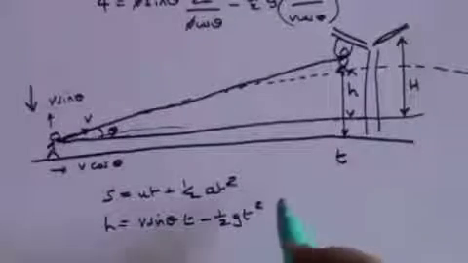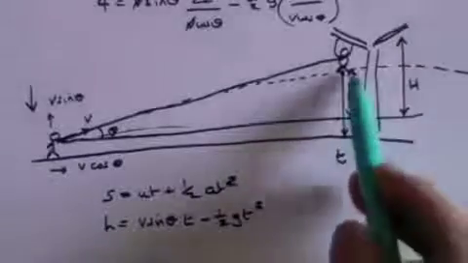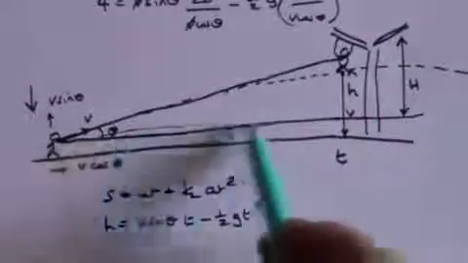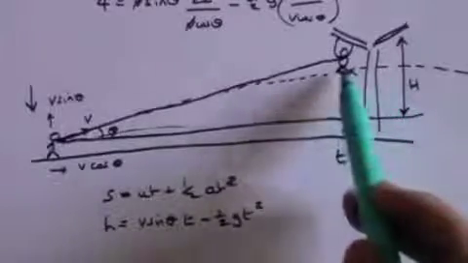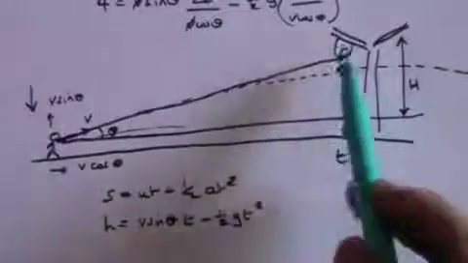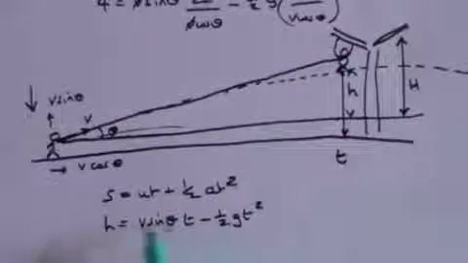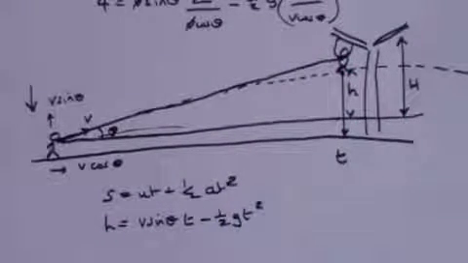So that tells you how far above the line from which the bullet is fired the bullet will be at time t when it gets to this line down which the monkey is falling. And that gives you a value for h.